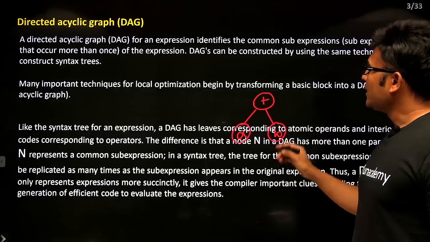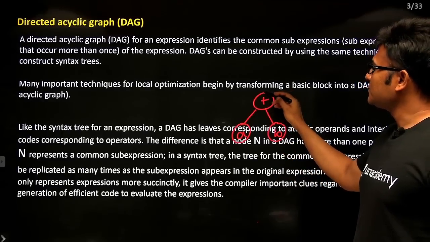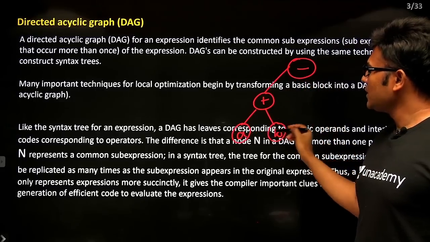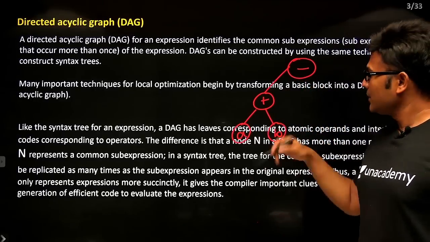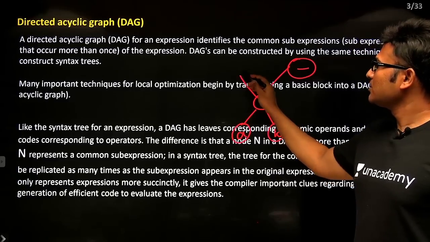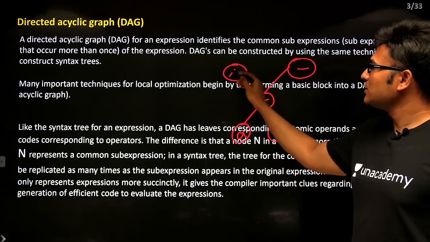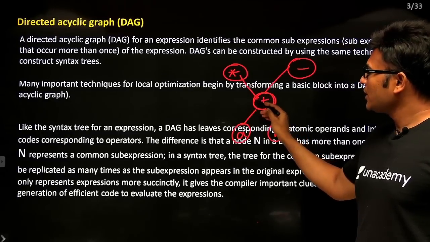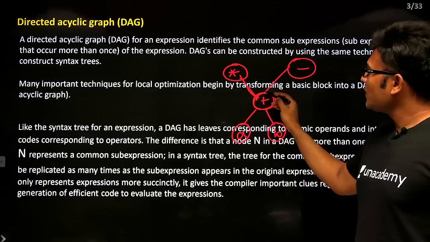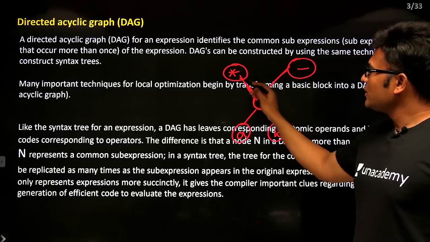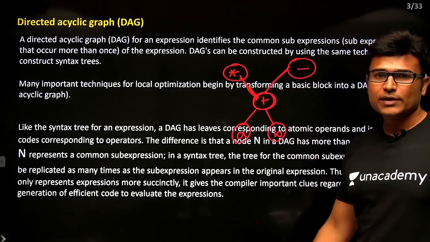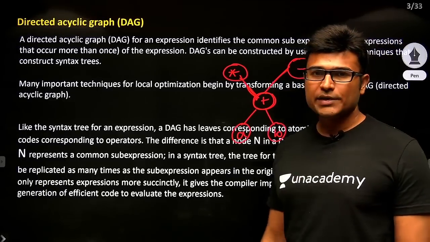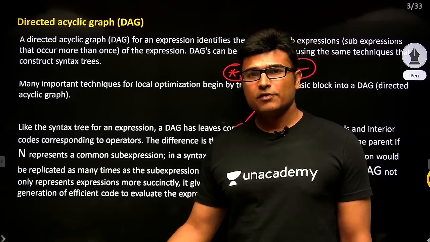If some other expression uses a plus b, then it will actually use the same a plus b. And if some other statement also uses a plus b, it will use the same a plus b. That is how a node can have more than one parent, and if a node has more than one parent, you can assume that it is a common expression. That is how common expressions are eliminated. But anyway, we'll see examples.